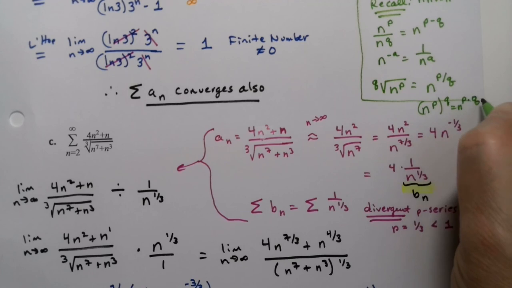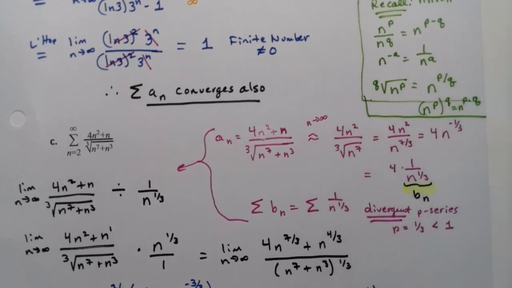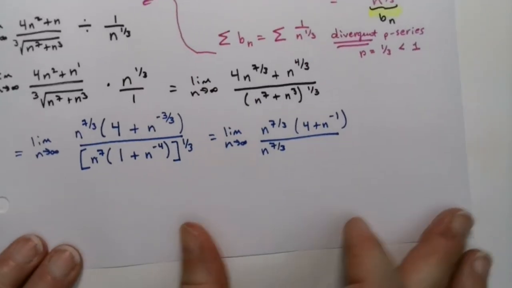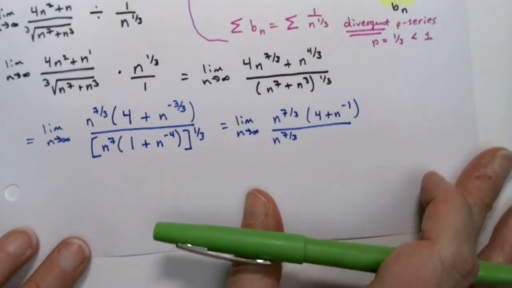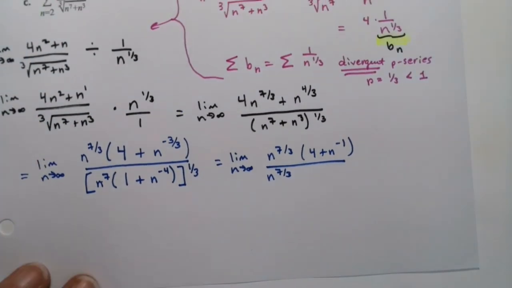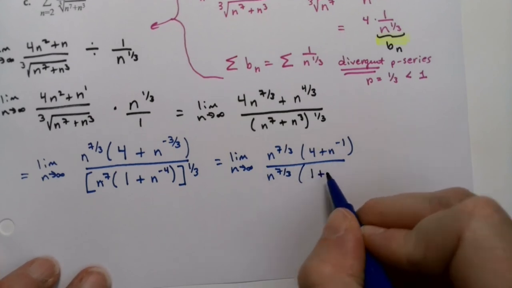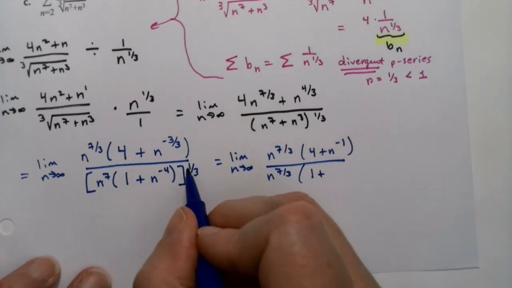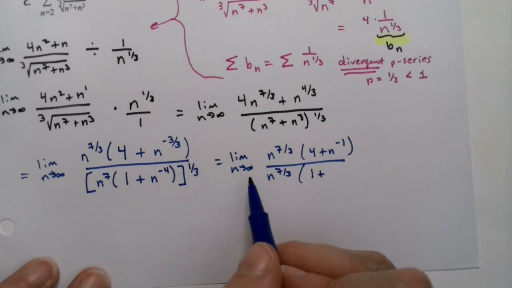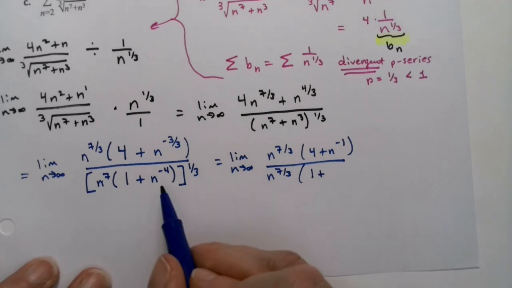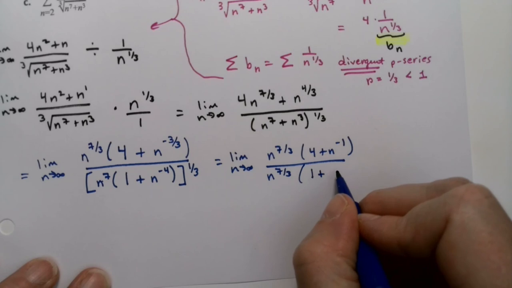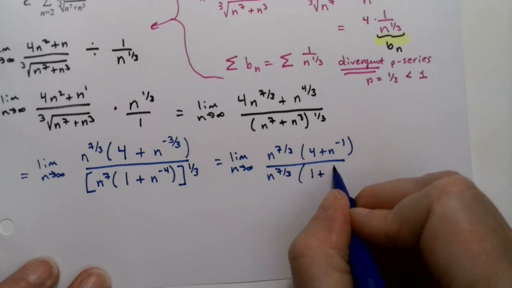So I'm using that property right there. Sorry for that one, just a little pre-algebra reminder of your power rules. All right, so then that would be 1 plus, because 1 to the 1/3, you're factoring that out, so n to the 7/3, I distributed that there, and it'd be 1 plus 1 over n to the 4th.